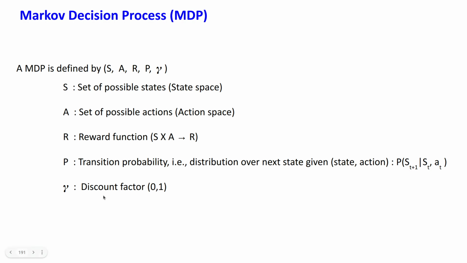Discount factor, the idea I gave you, please try to connect with that. I said the value of the current reward at the current time stamp matters most compared to getting some reward after 3 years or 5 years down the line. That is obviously important, but it is not equally important as the current reward.